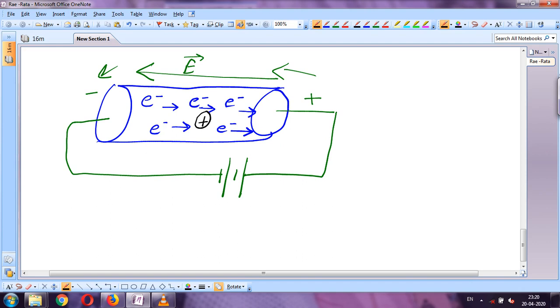While accelerating, they will collide with these positively charged ions, right? So when they strike these positively charged ions, their velocity becomes 0. But after colliding, they start accelerating again and move towards the positive terminal.